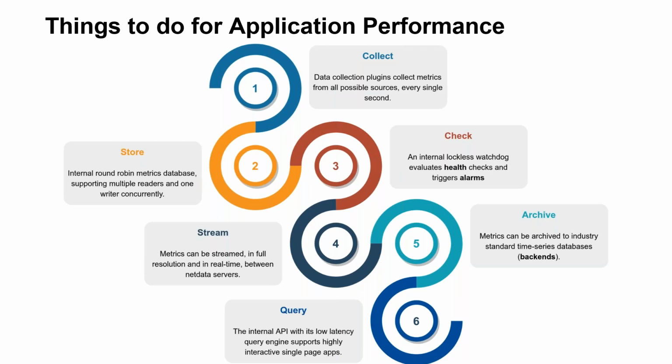What are the things you have to do? First, you will have to collect. I will teach you the collections, how to collect. Using agent or agentless, you can collect the data from the metrics or whatever data from the applications, and then you have to store it. Storing is typically done at the Datadog side.